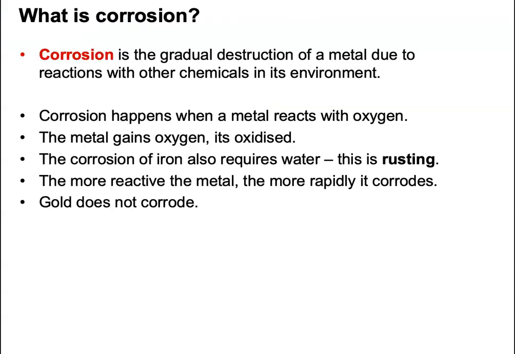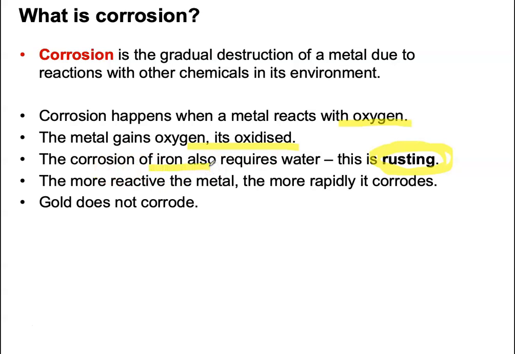Next, what is corrosion? Corrosion is the destruction of a metal due to reactions with other chemicals in its environment. Corrosion happens when a metal reacts with oxygen. So the metal is oxidized. So corrosion is the oxidation of a metal. And the difference between corrosion and rusting: rusting is a special form of corrosion of iron.